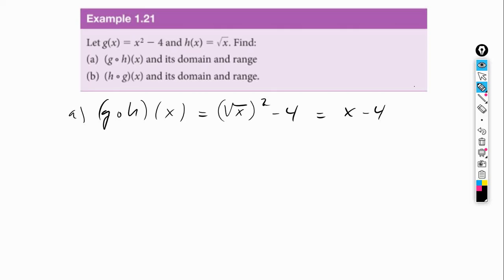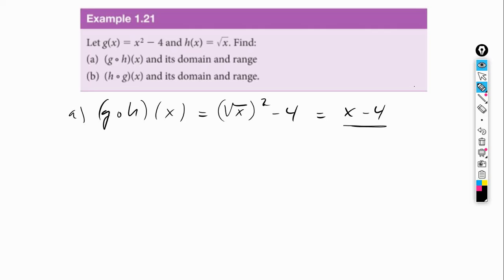Okay, so now it's domain and range, and you have to be careful because if you base your answer on the resulting function, it's going to be wrong in this case. Notice that x minus 4 has a domain that is all real numbers and a range that is all real numbers. Or you can also say from negative infinity to positive infinity.